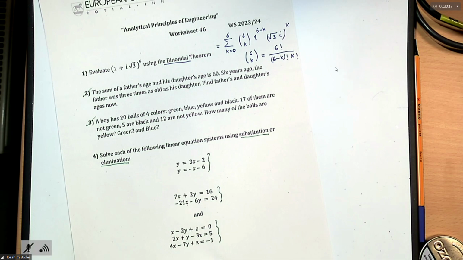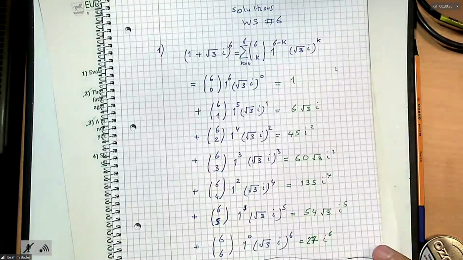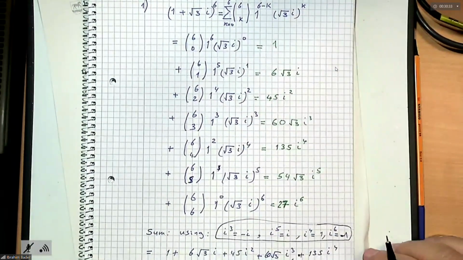So we use these. So this one is negative. Then you plug it into here and you will get this simplification.